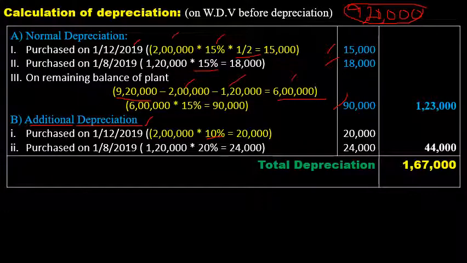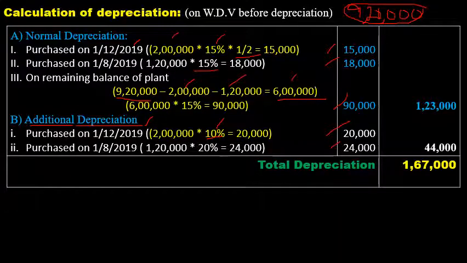So purchased on 1st December 2019, 2 lakh, and 10% is the rate of additional depreciation, which is 20,000. 10% because it was used for less than 180 days. So 20,000 is the value of depreciation. And for another asset which was purchased on 1st August 2019, 1,20,000 into 20% is 24,000.